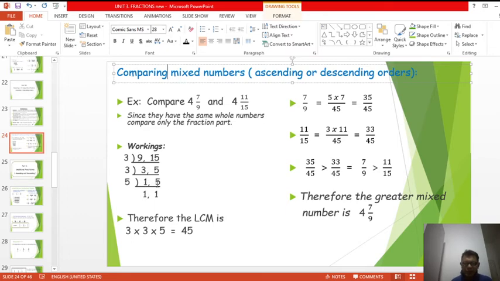Now 5 divided by 5, of course you have to use 5, it becomes 1. So what will be your LCM? Just 3 times 3 is 9, times 5 is 45. This 45 will be your new denominator.